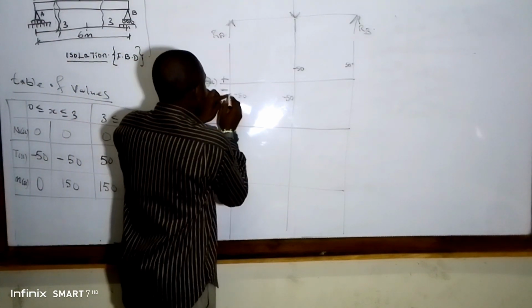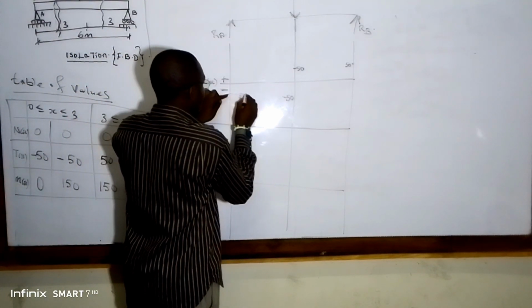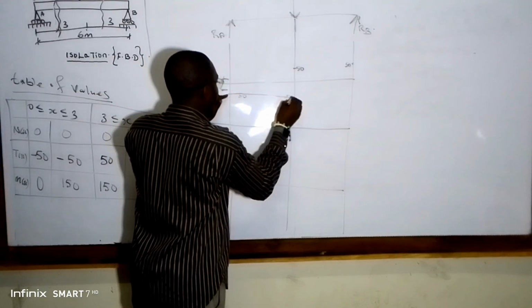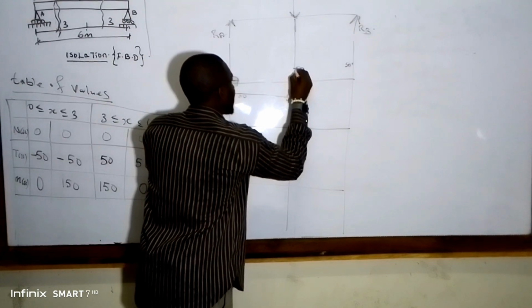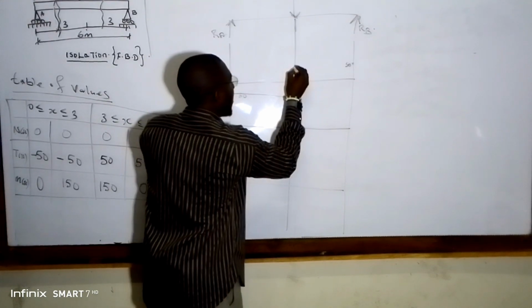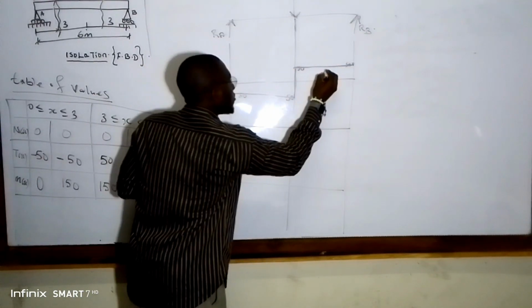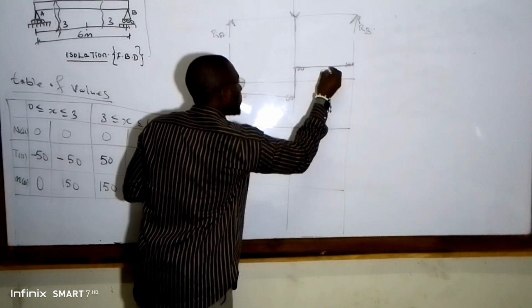So guys, let's link it. This one will run like this. You go up this line like this, and then go like this. We put a plus sign here and circle it.